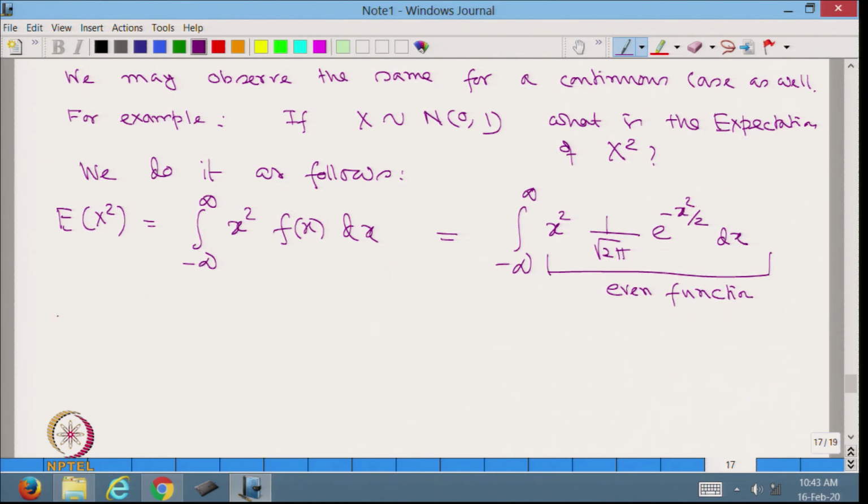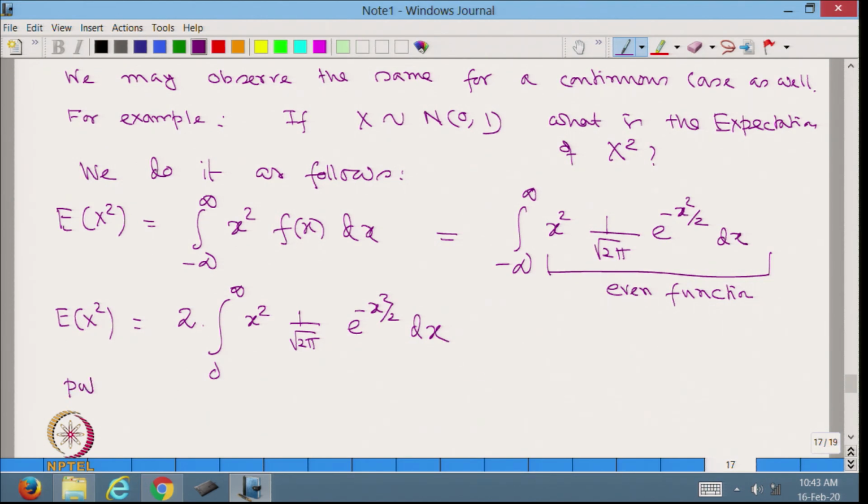Therefore, expectation of x square is equal to 2 into integration 0 to infinity x square 1 over root 2 pi e to the power minus x square by 2 dx.